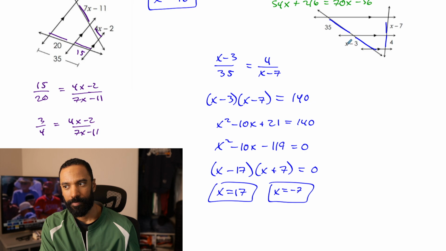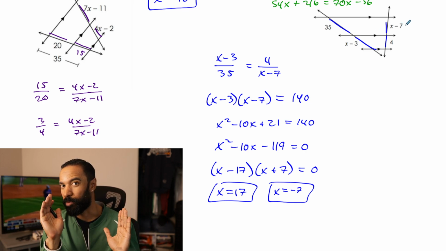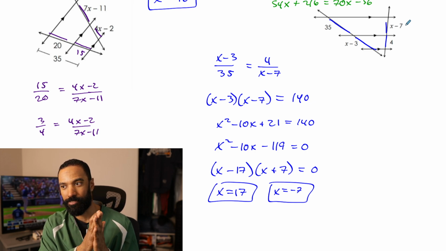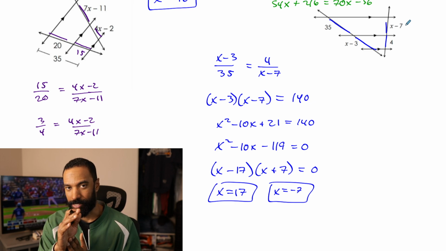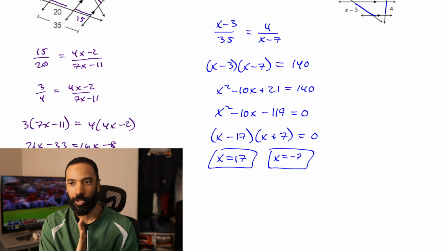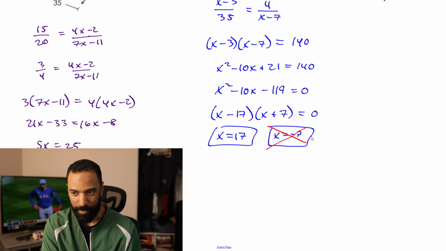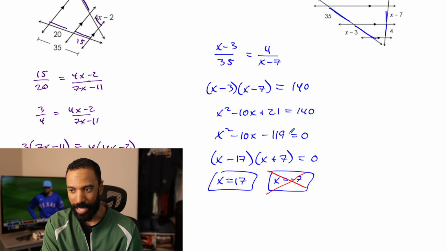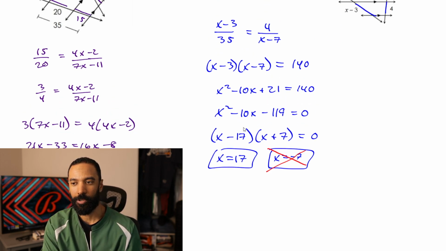Negative 7, I would get negative 10 and negative 14. As much as those would work in proportion, because negative 10 over 35 is 4 over negative 14, you can't have negative lengths. So the quadratic was one wrinkle of it, and I also have an extraneous solution of negative 7 that does not work. Not because it was negative, it's because it gave me negative lengths when I substituted it in. So only x equals 17 works there.